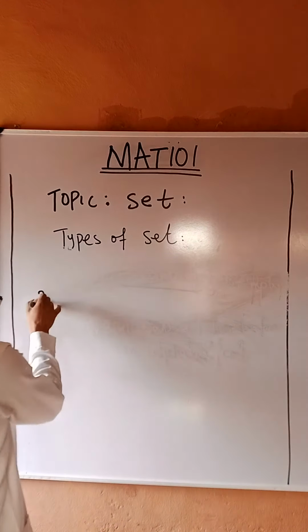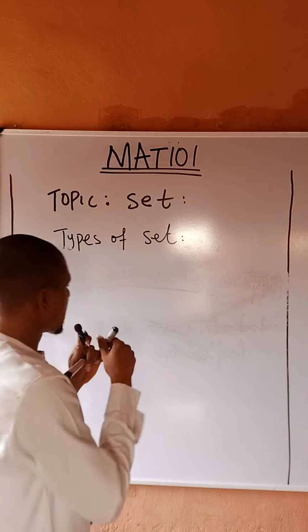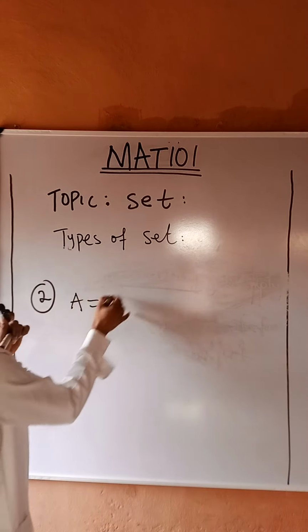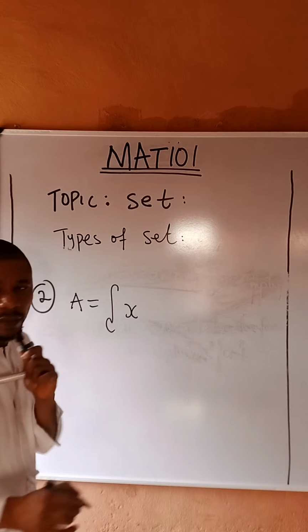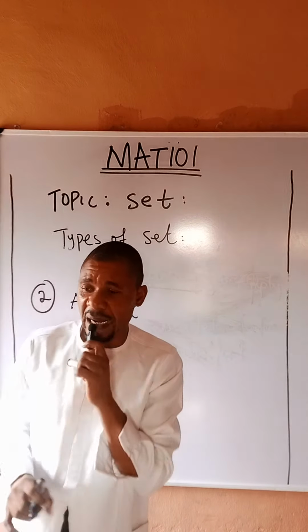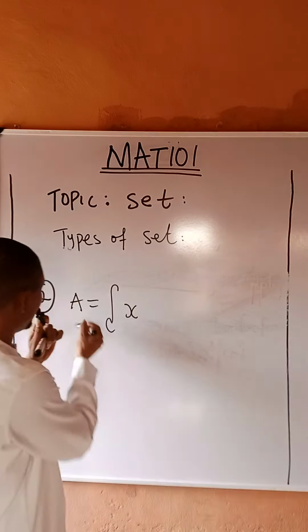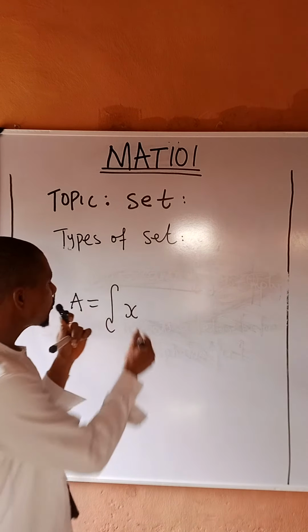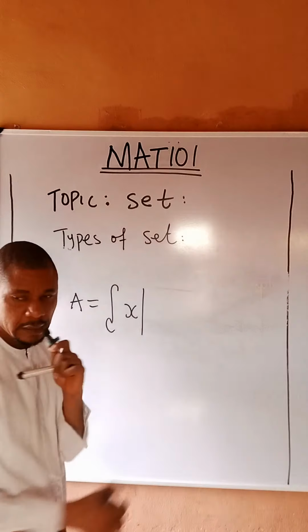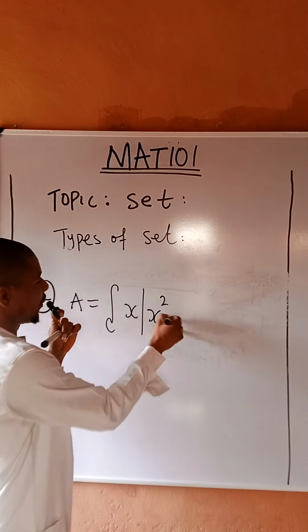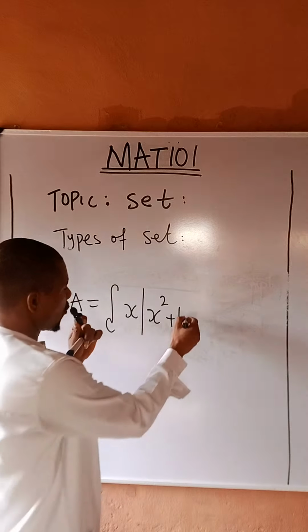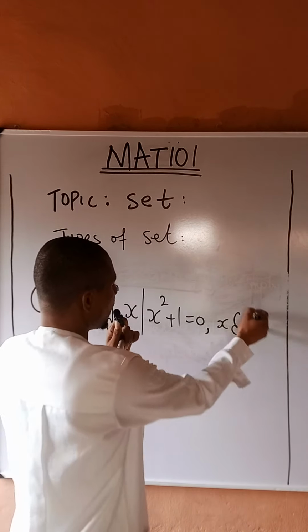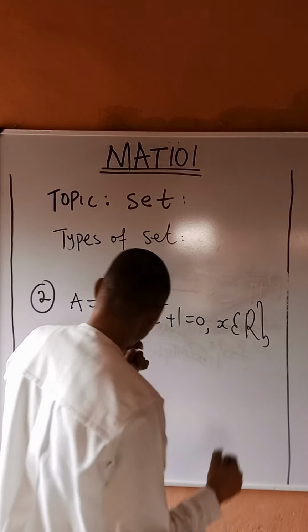I have example 2. Let's assume that A is a set of X such that X squared plus 1 is equal to 0, and where X is an element of real numbers.